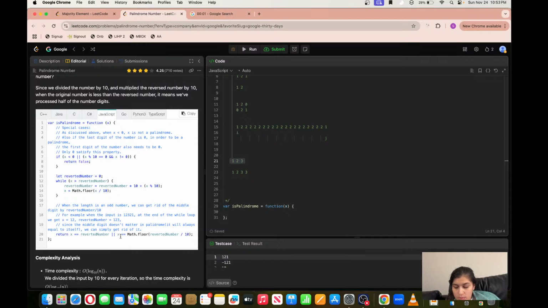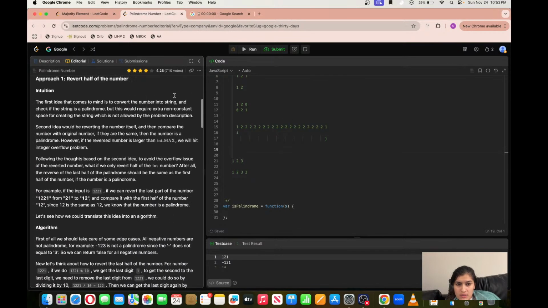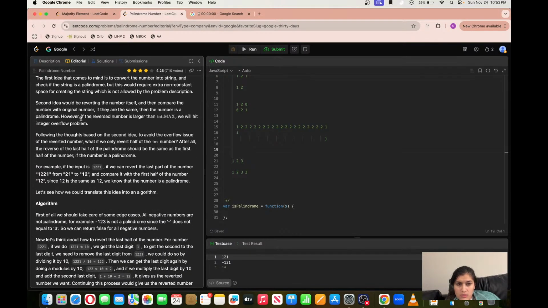So there were two main logic here. One logic is to just look at a half of the number, even though I do not understand how it will overflow.